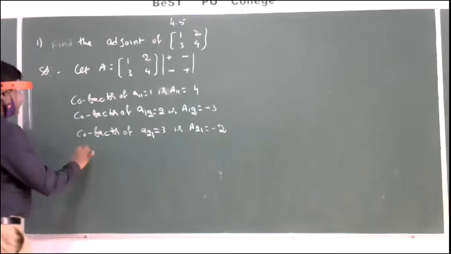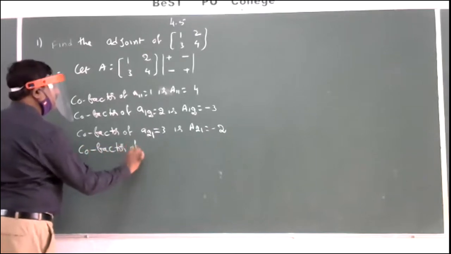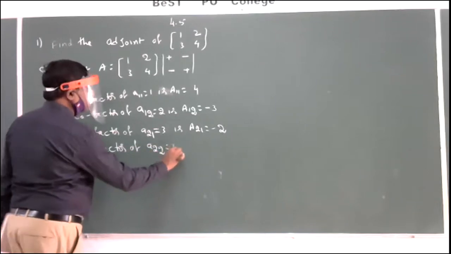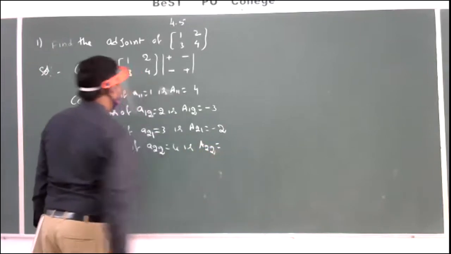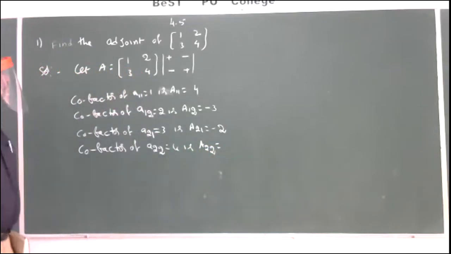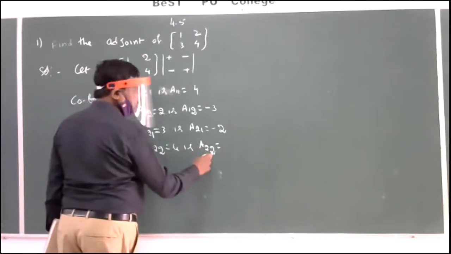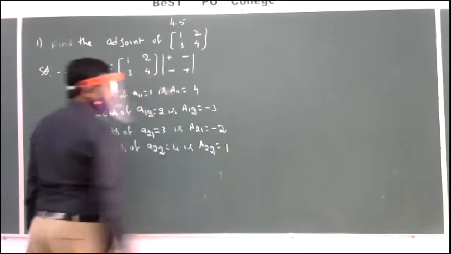Next, cofactor of A22, capital A22. This element, leaving this row and column, here 2 plus 2, 4, even number, then we get plus 1.